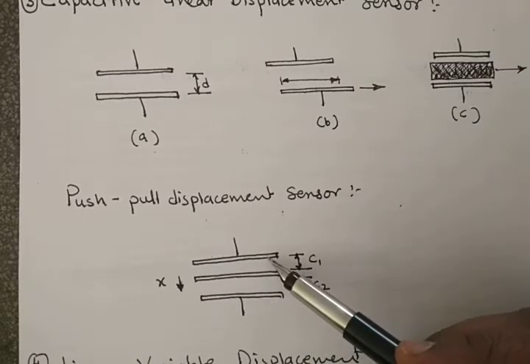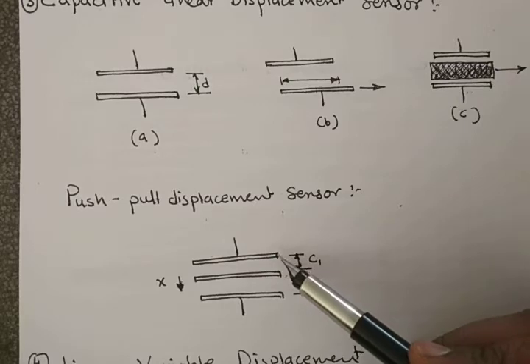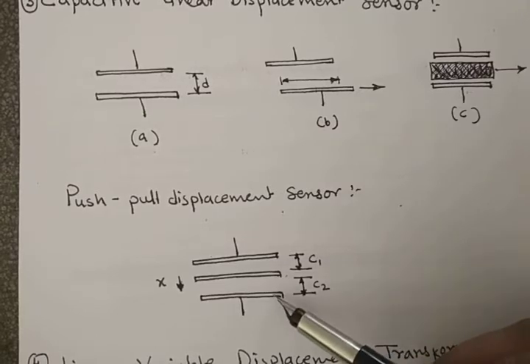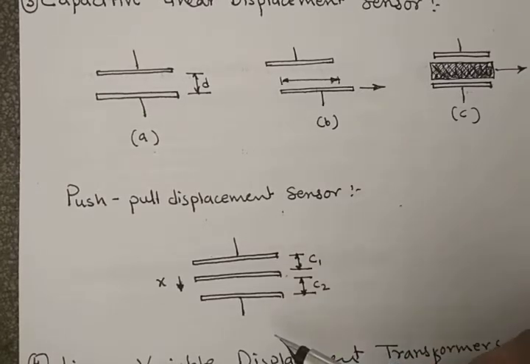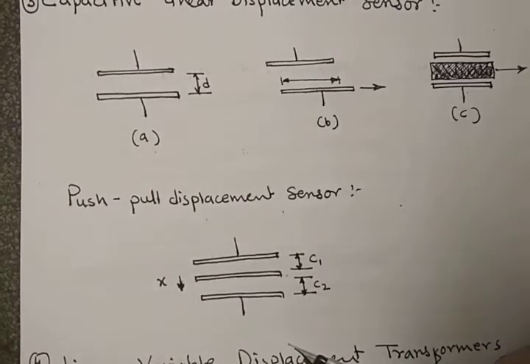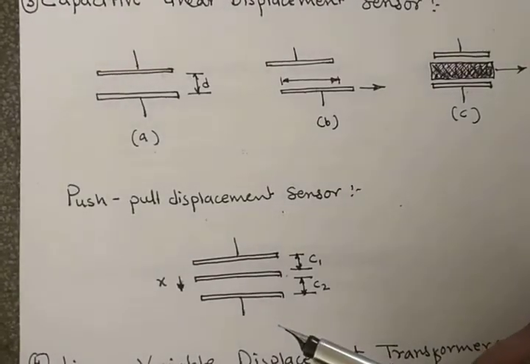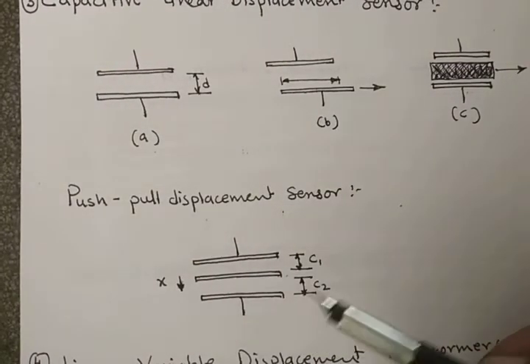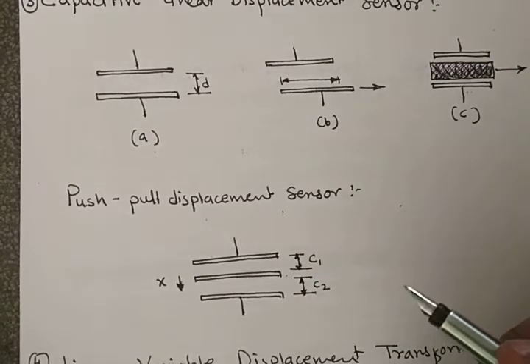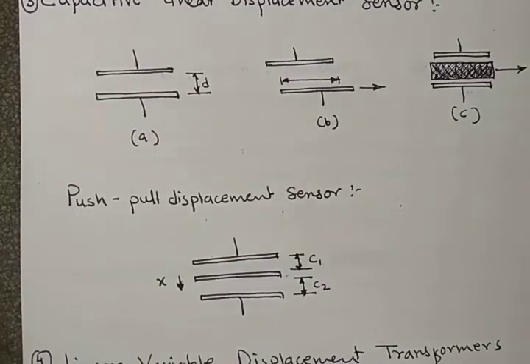So the displacement change can be observed by the change in capacitance of the upper pair and also the lower pair. From this we can observe the displacement. This type of displacement sensor is used to measure a few mm to 100 mm length.